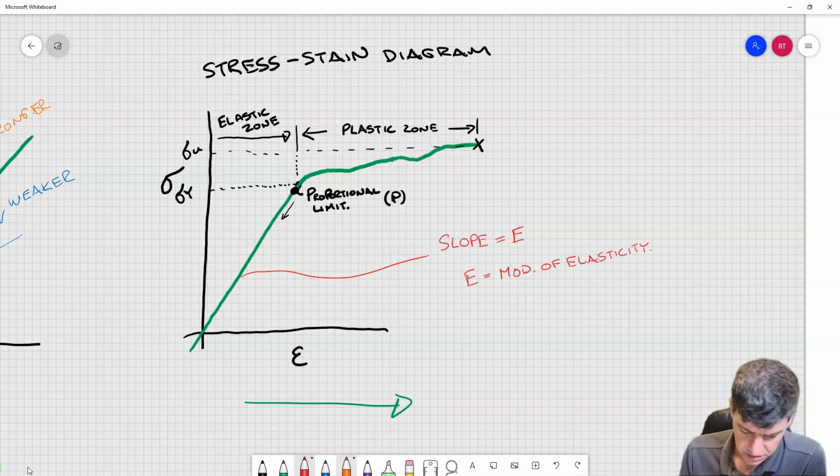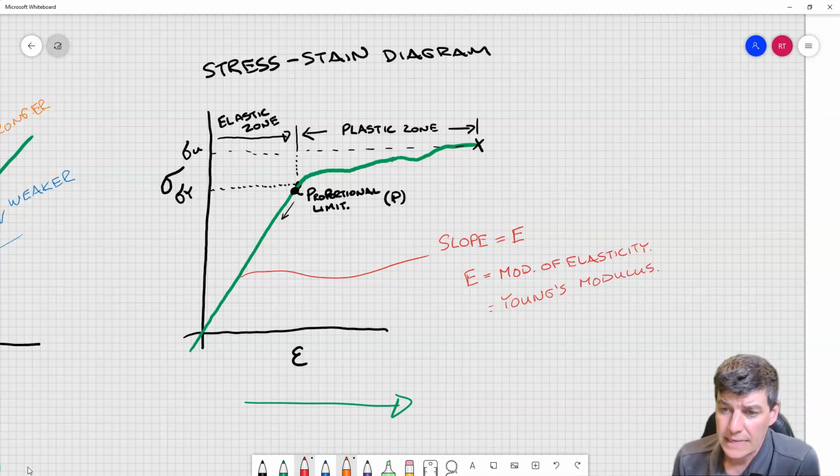Okay, or else sometimes we also call it Young's modulus. That E value tells us how stiff that spring is, or how stiff the material is. So if we expect it to be able to stretch a lot, then it would generally have a lower slope.